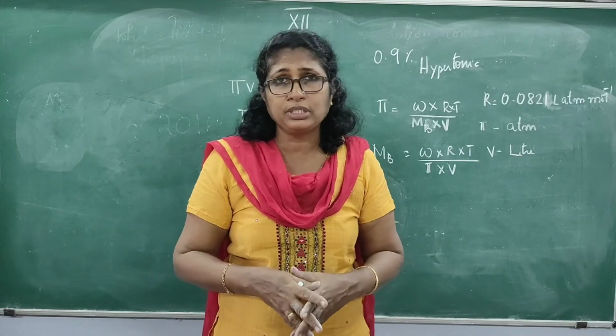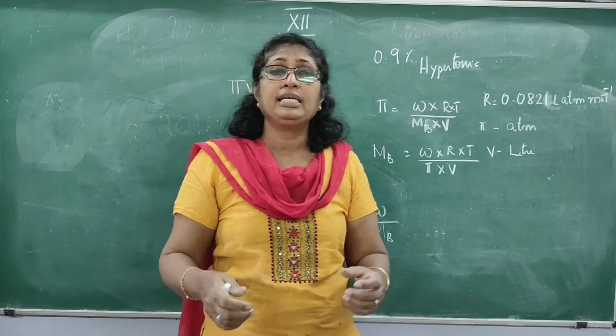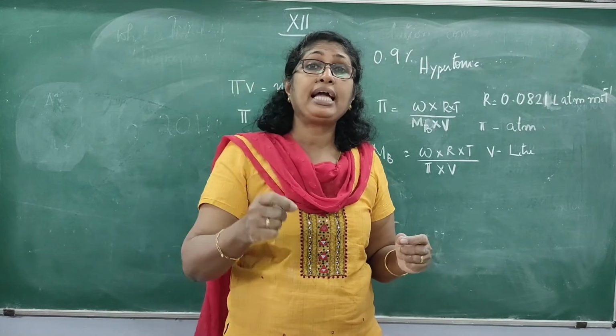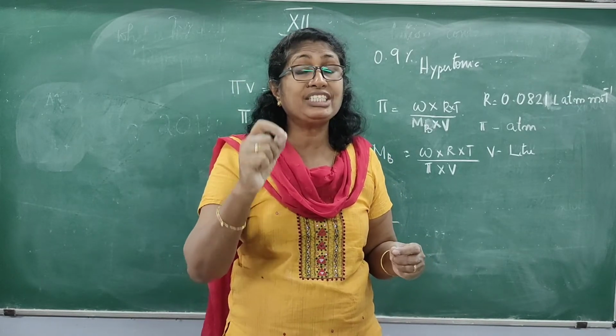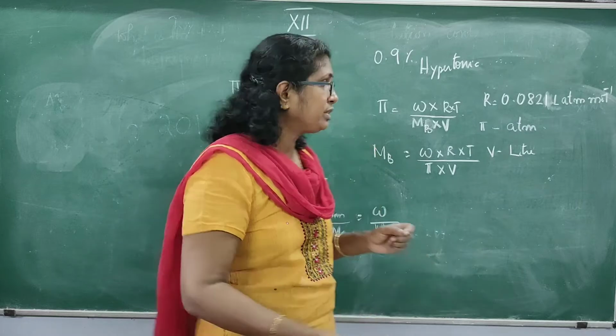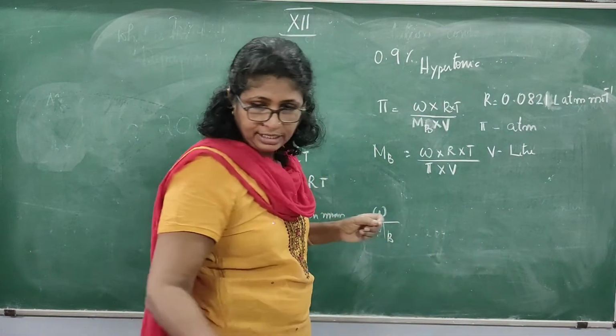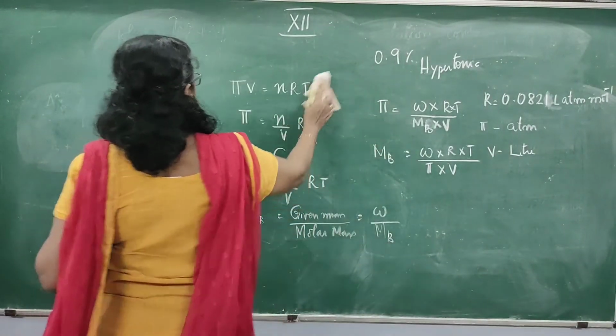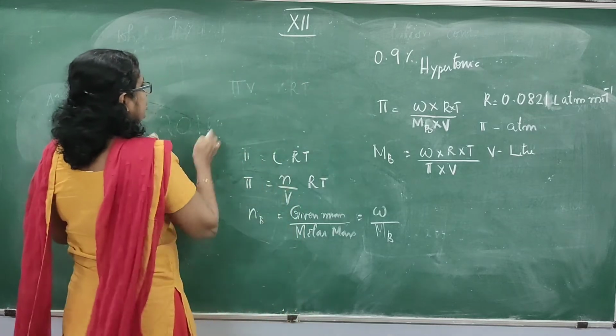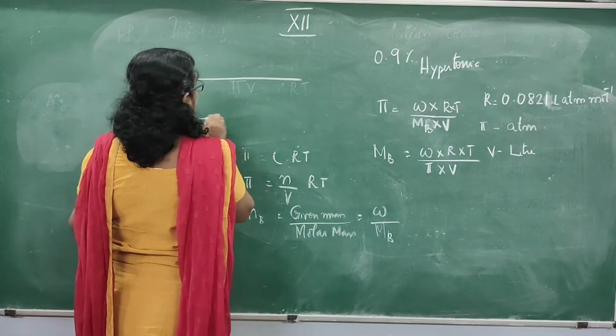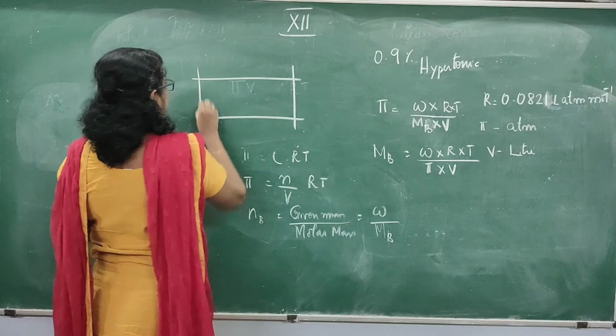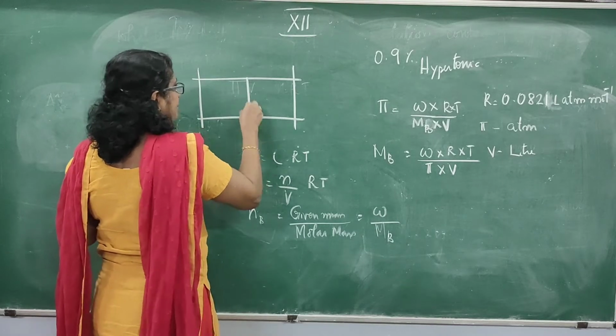So this is osmosis. Then what is osmotic pressure? It is the pressure applied on the solution side just to stop osmosis. Suppose we are separating a solution from solvent with a semi-permeable membrane.